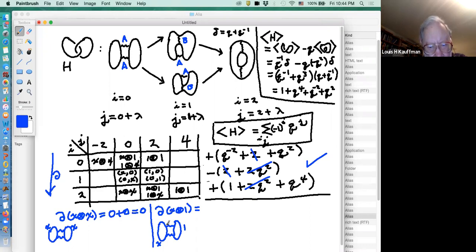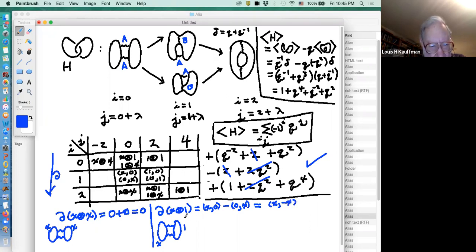And we're going to first do a multiplication here, and that'll give us an x comma 0. And then we're going to take the multiplication in the other one, and that's going to be minus 0 comma x. And that's because of the boundary formula, BA minus AB. And so we get that the boundary of x tensor 1 is equal to x comma minus x, if you want to put it into the direct sum that way.